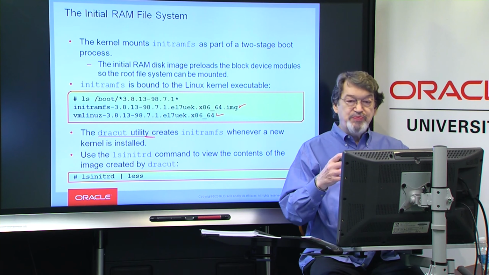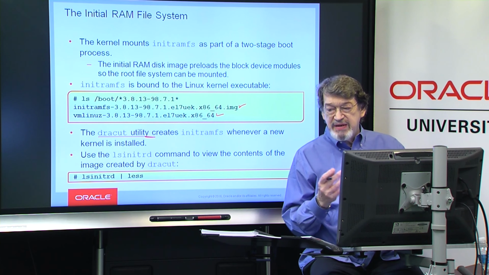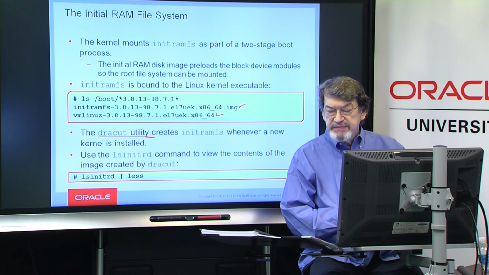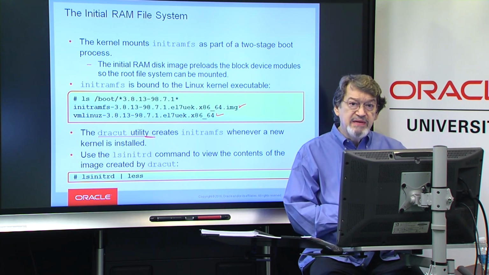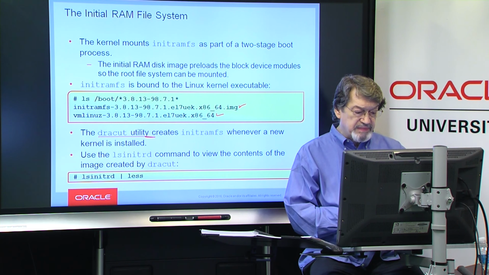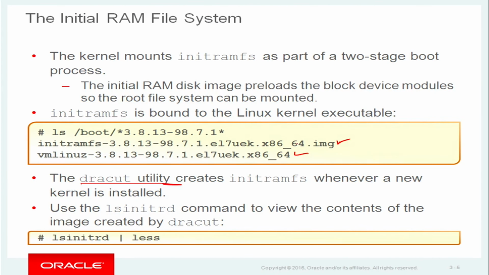But instead of taking up the space for that, and it can easily be 15 to 30 meg, there is a new command, and you have the list here, lsinitrd, to view the contents of what was created by dracut.